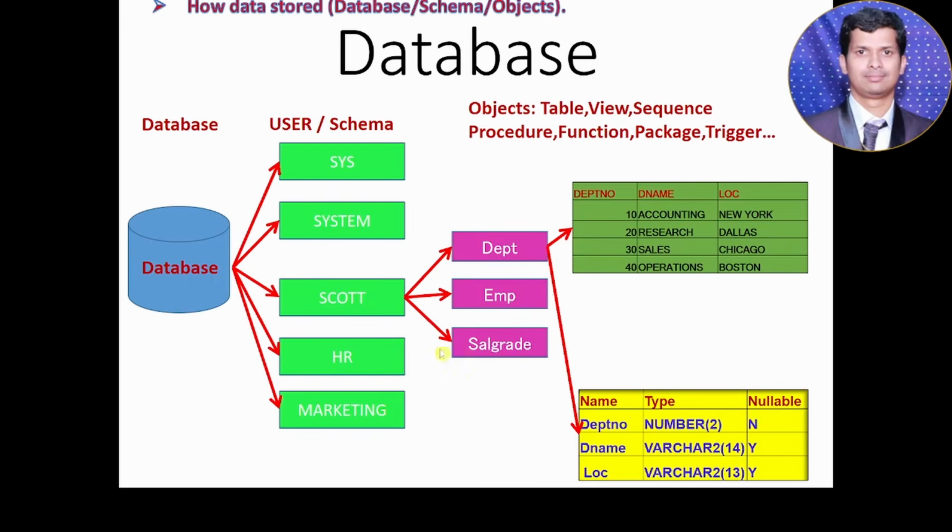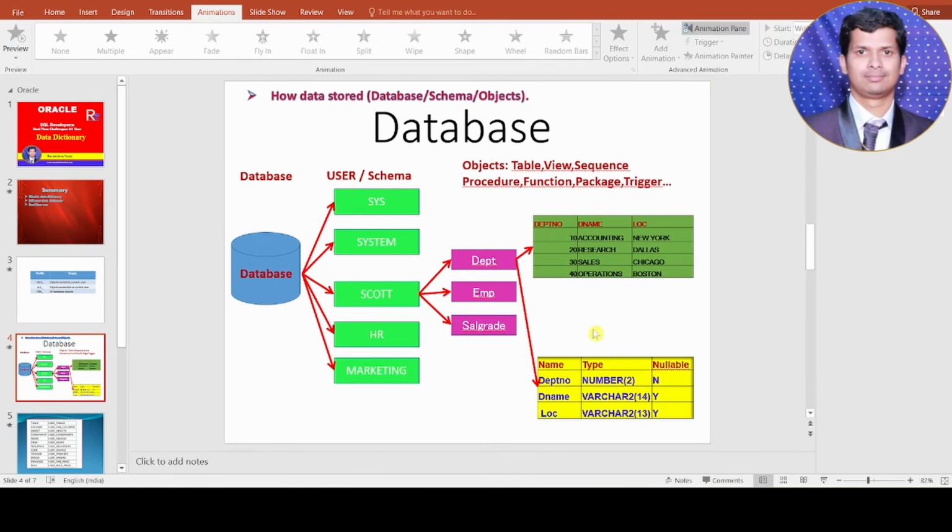So in all underscore, the user can access only those objects or tables which are accessible to that user. And DBA objects means all the system database objects. So these are the main three differences you need to understand. Let's go to what is data dictionary in the details.